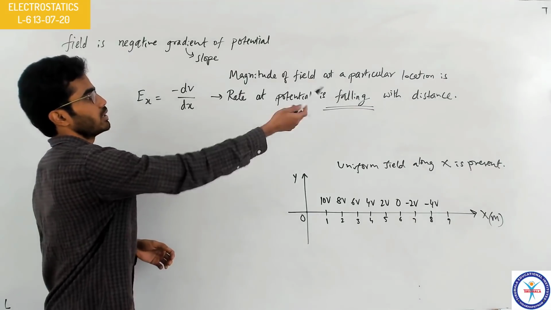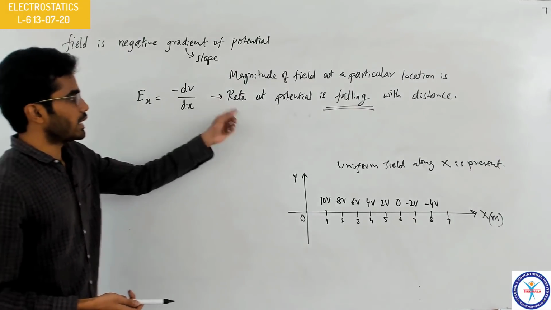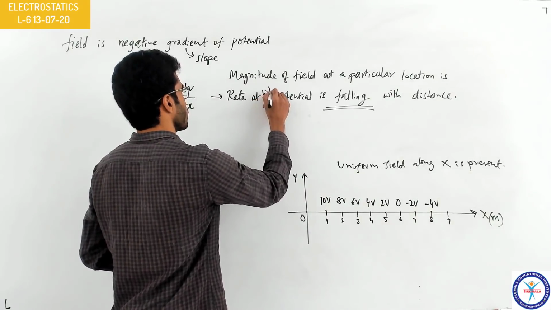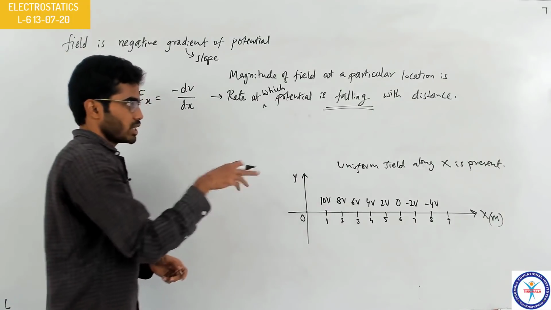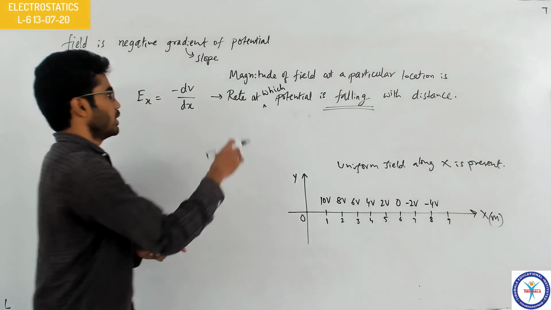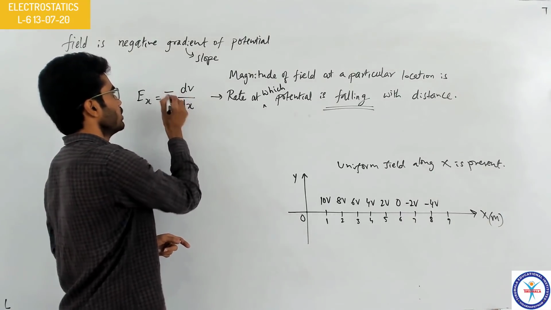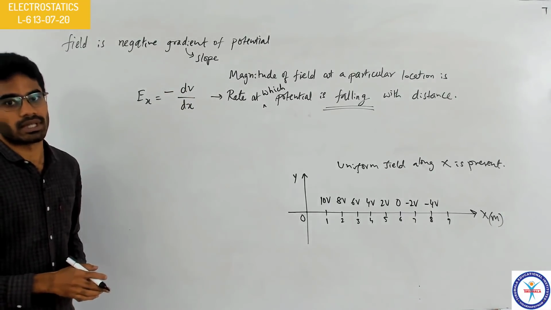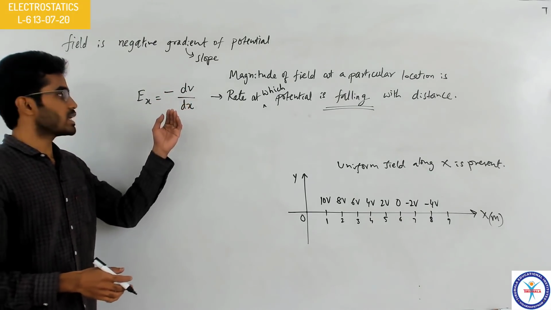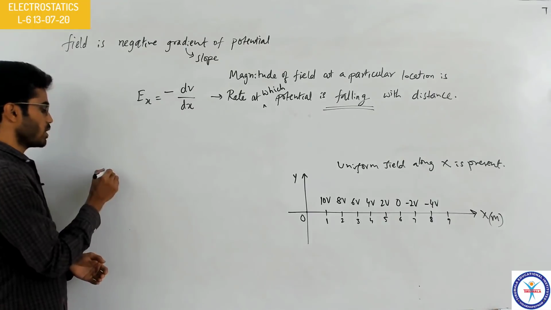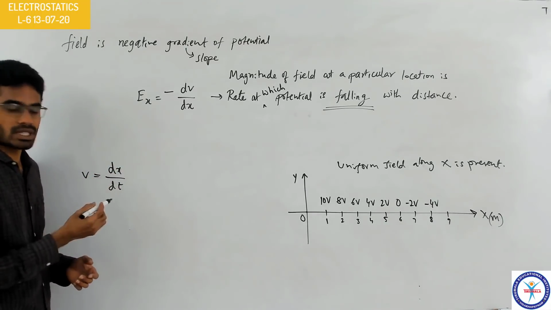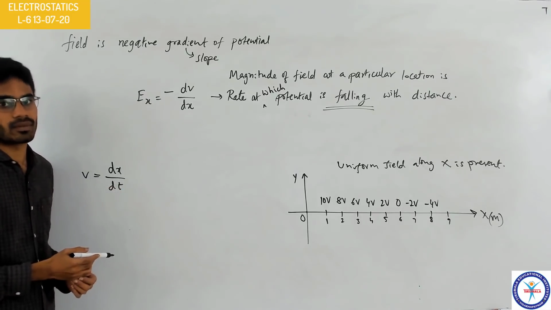What it actually is, the magnitude is the rate at which potential is falling with distance, right? Falling. See, it is the negative of the slope. This gives you the idea how potential is increasing, right? For example, if you write dx by dt for velocity, you know how position is changing with time, right?